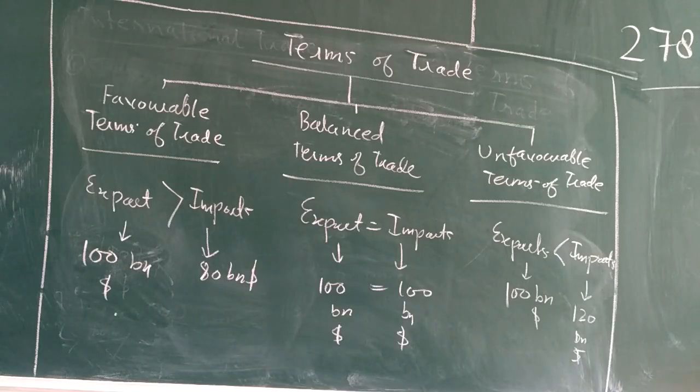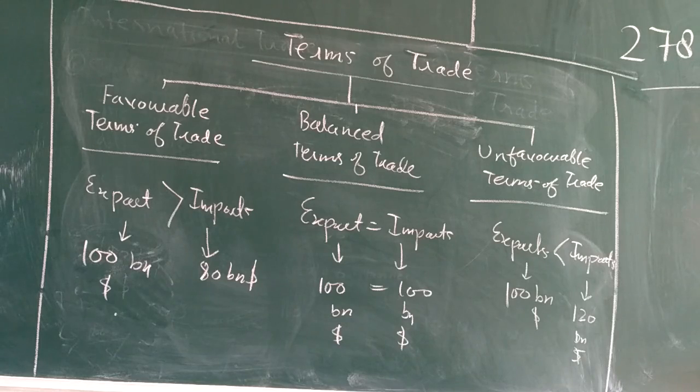Here you see, when are terms of trade favorable? For a particular country, for any XYZ country, there are two things in terms of trade that are very important. One side export, other side import.